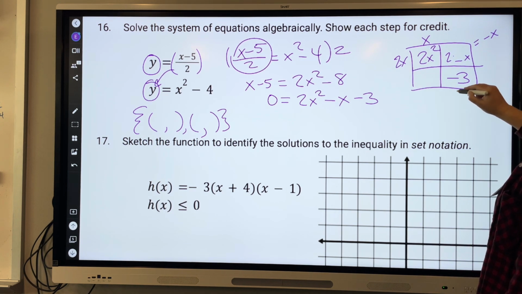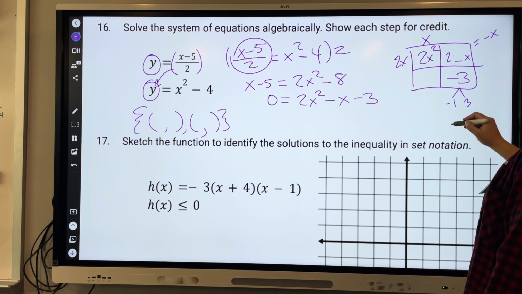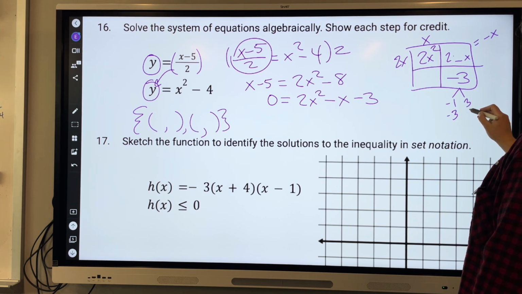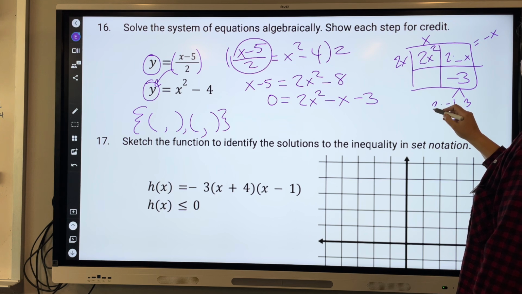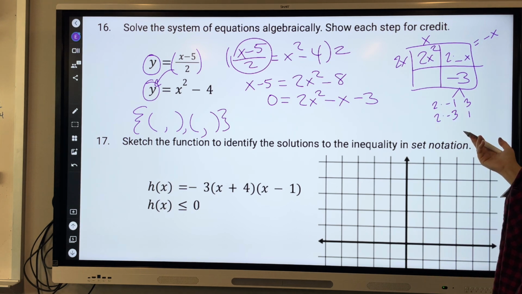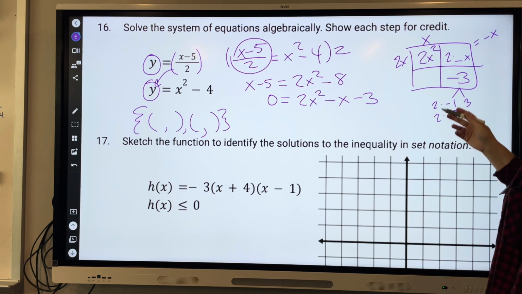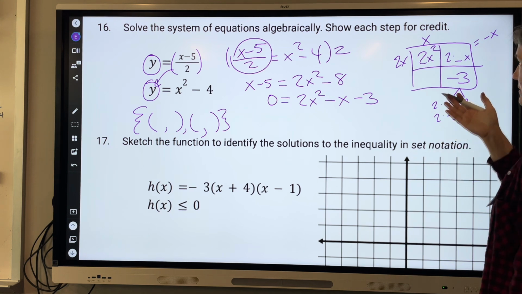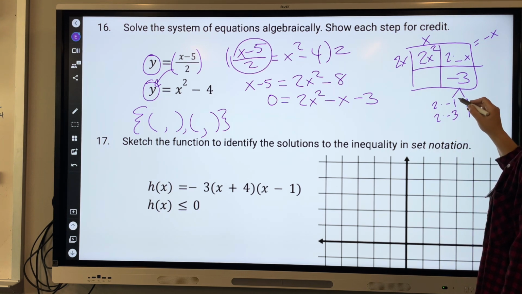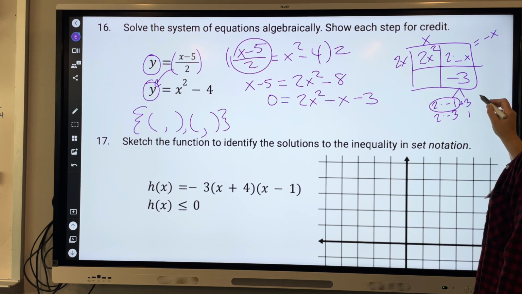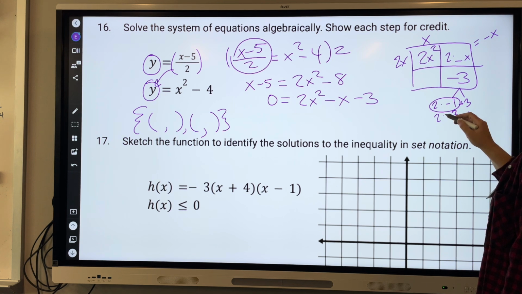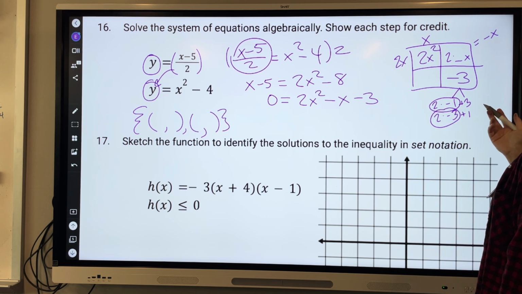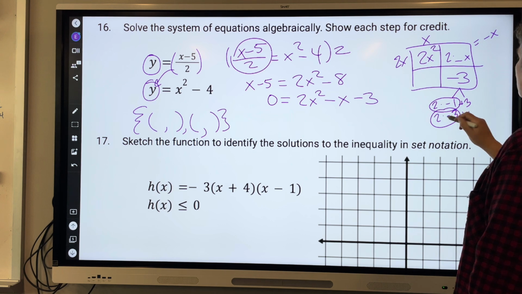I need a negative 1 and a 3, or a negative 3 and a 1, and I'm going to multiply one of them by 2. Don't know if it's going to be the negative, but I'm guessing because I want to result in a negative. This would be negative 2 plus 3. This would be negative 6 plus 1. That's too big.